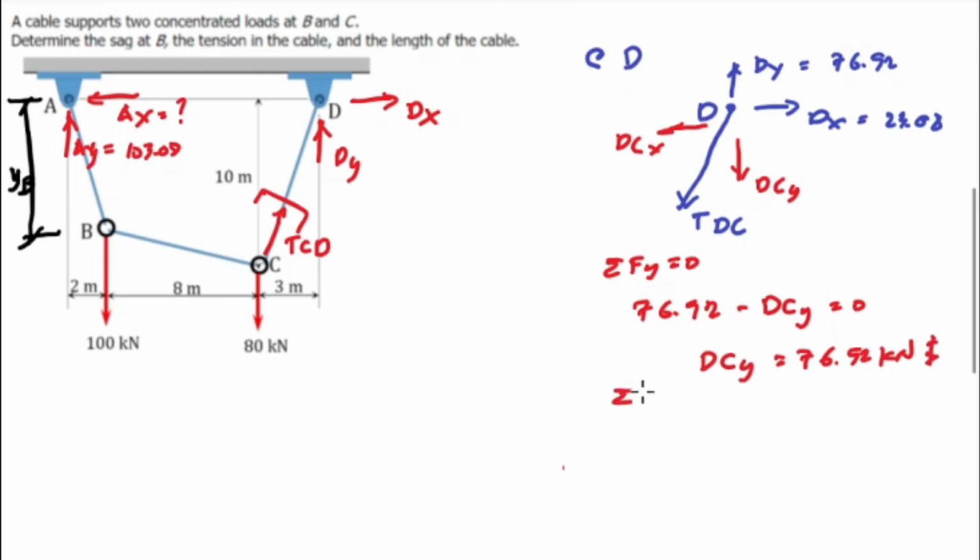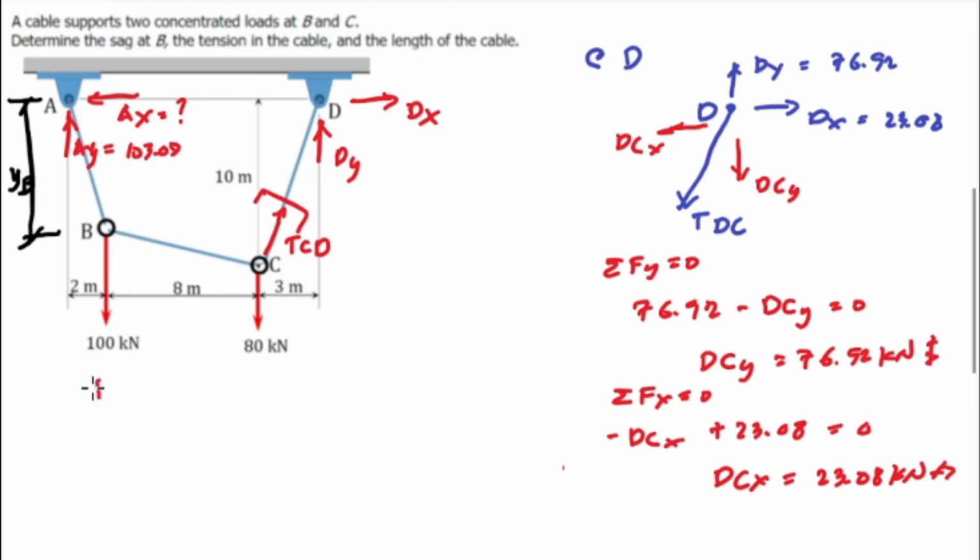Next, summation of forces along x is equal to 0. So we have dc of x minus dx, which is 23.08, equate that to 0. So dc of x is equal to 23.08 kilonewton, and direction is to the right.